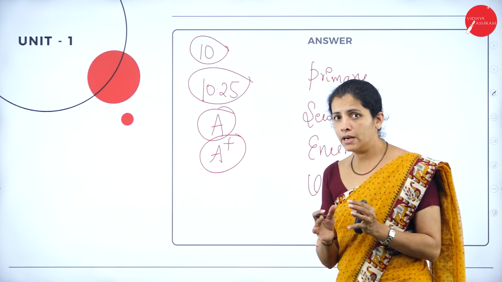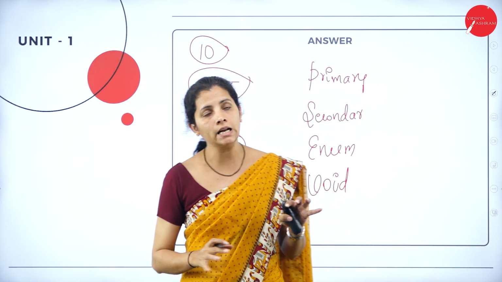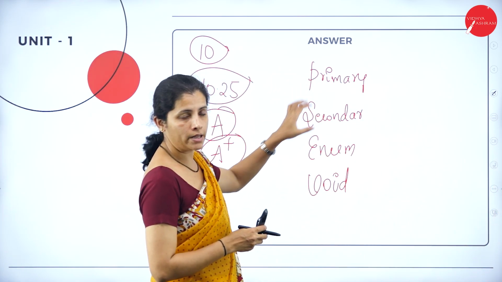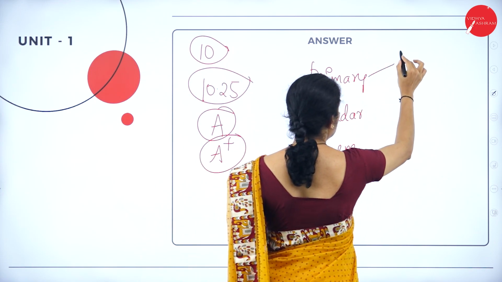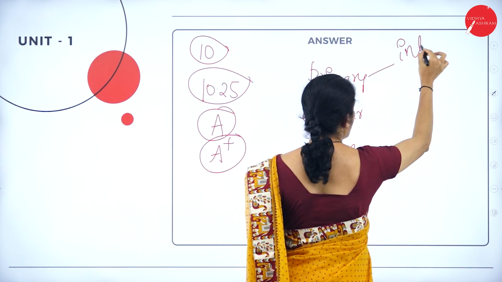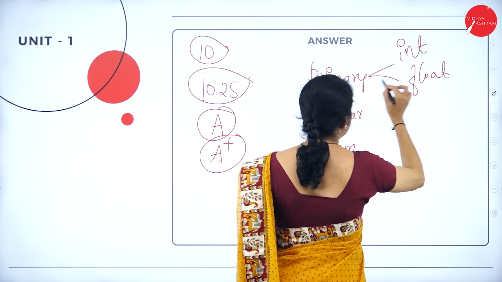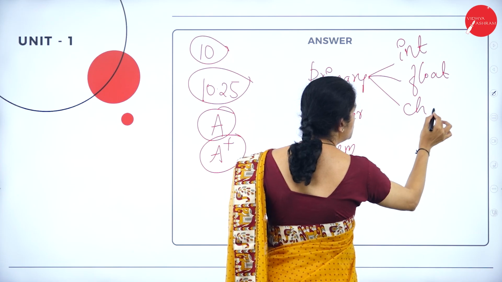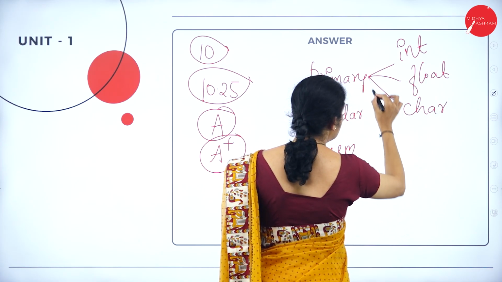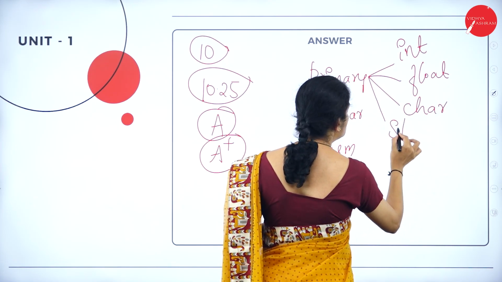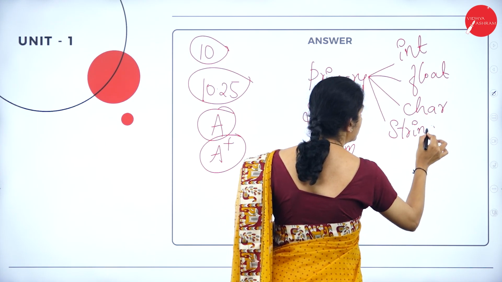So what is primary? All the built-in data types are called primary. So this primary includes integer for whole number, floating point for fraction, character to store a single character, and string to store a group of characters.